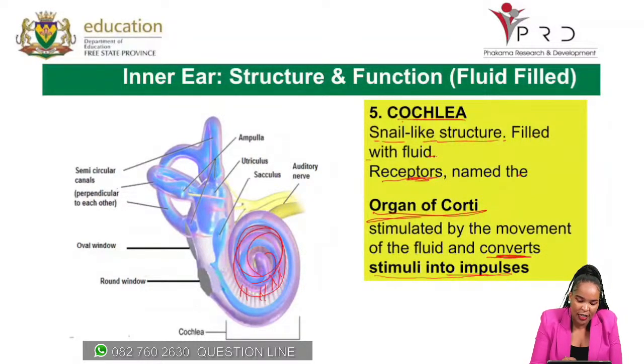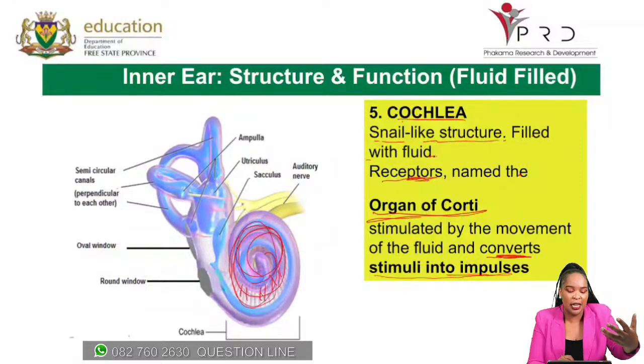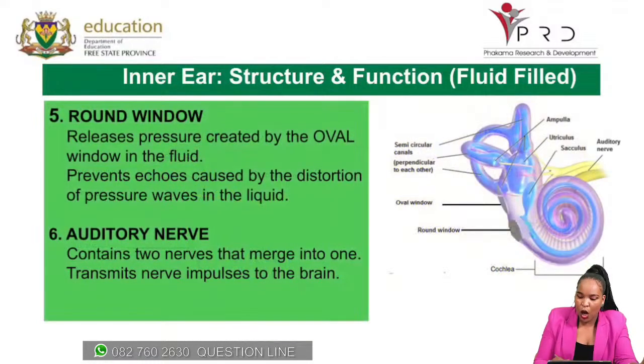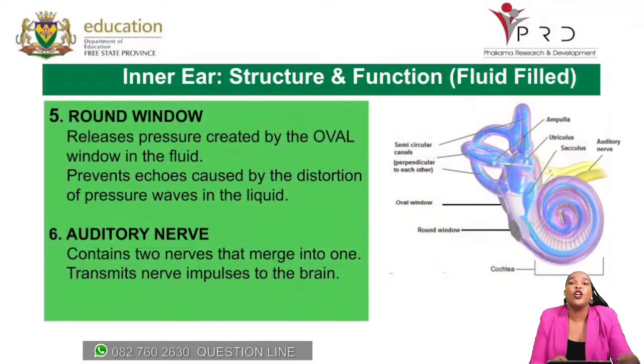Remember, everything now needs to be converted into an impulse so that the brain can interpret that impulse. Once it is converted by the organ of Corti, it is going to go into the auditory nerve. The auditory nerve is therefore going to go where? It branches into 2: to the cerebrum for hearing, and then the cerebellum for balance.